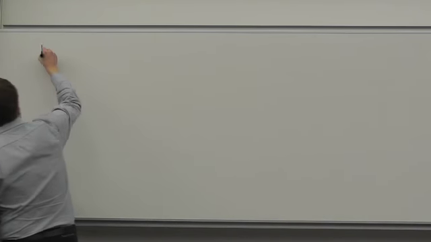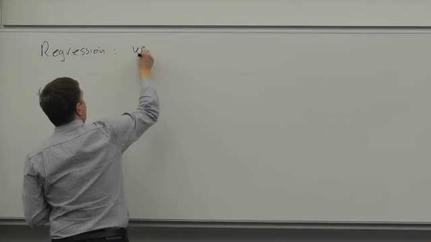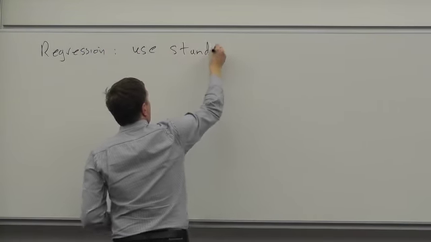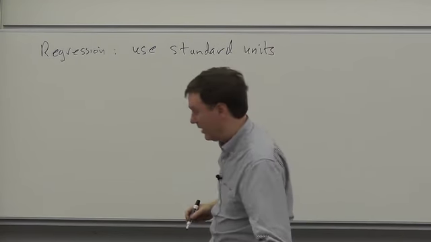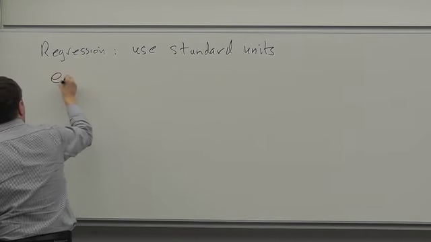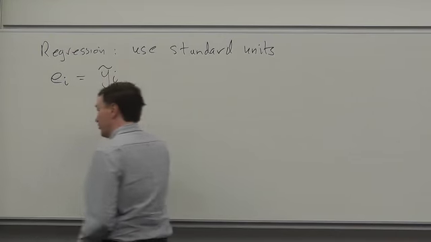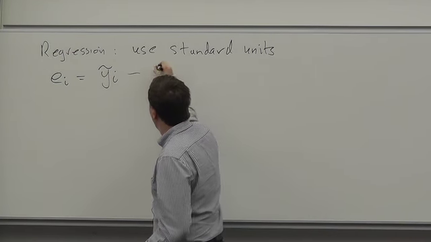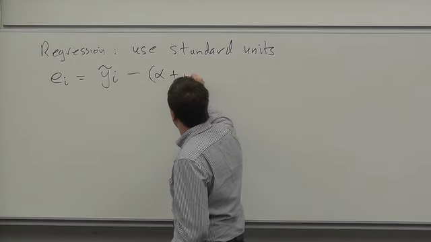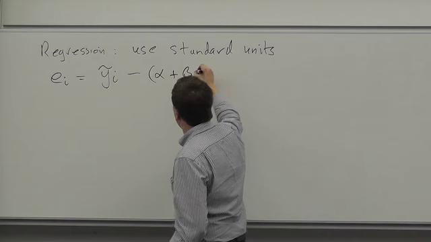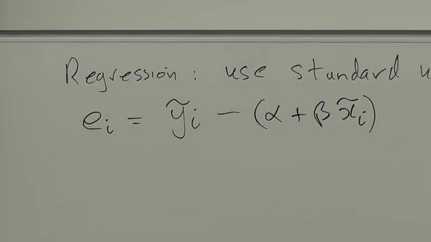So in regression, we're going to use standard units, and so our residual, the error for our prediction process, will be the difference between the true value yi, but in standard units, and the prediction we're making with the line that we're going to use here, alpha plus beta times the value of x, but again in standard units.